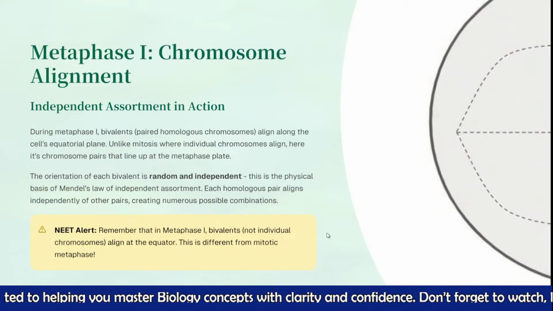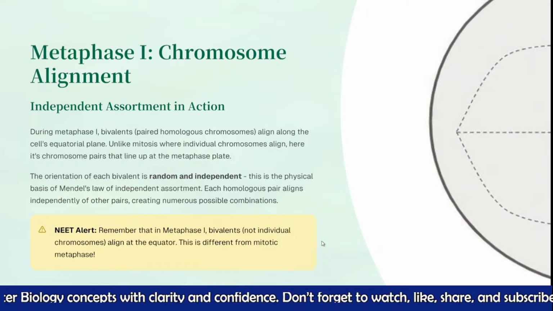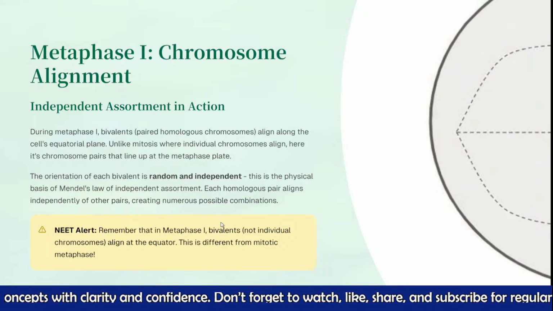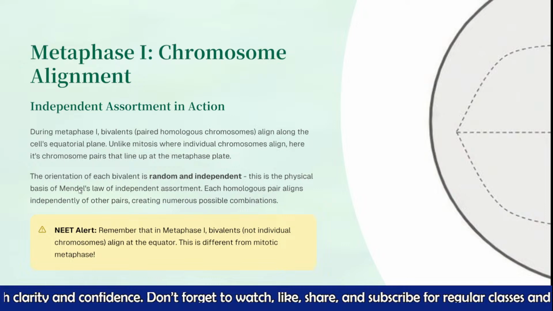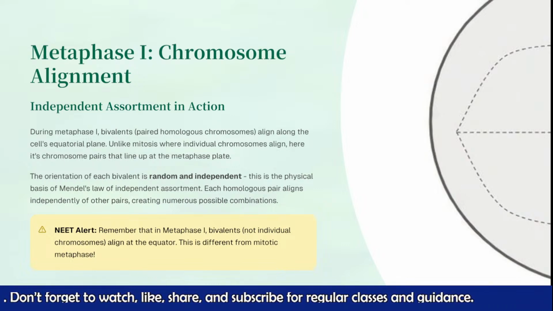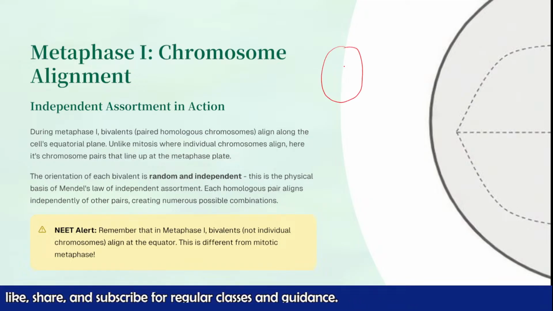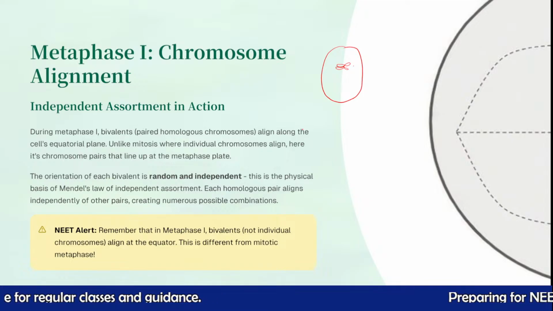So prophase is over, moving on to the next phase, that is metaphase 1. In metaphase 1, we can see the chromosomes are aligned in the equatorial plane, the same way as before.